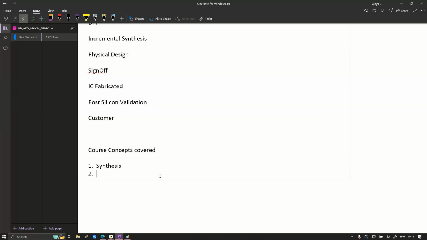So Cadence tools we are not going to use. Synthesis. Next is timing analysis, and physical design, and physical verification. Okay, so all these four concepts we are going to be touching in our course.